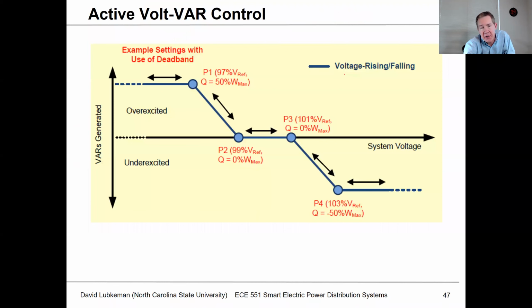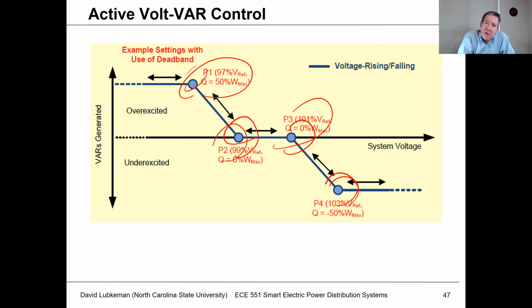And this shows, again, this curve where we can adjust these set points right here. So if we decide that we want to do something, even between 99 to 101% of the voltage reference, as soon as we're outside of this band, then we could even change the slope of the reactive power injection with respect to voltage.